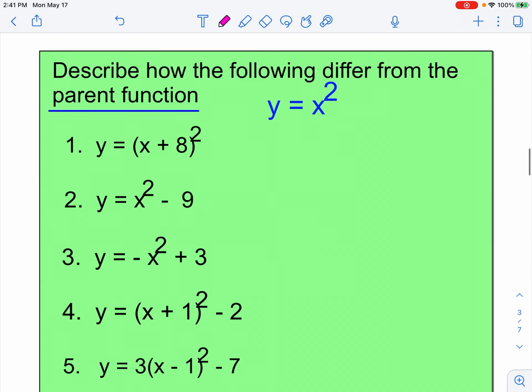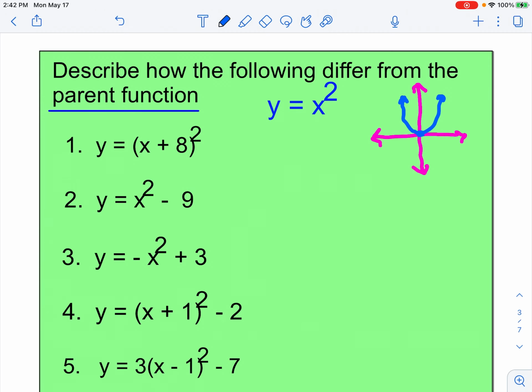So when we describe how these quadratic functions differ from the parent function y equals x squared, the parent always sits at 0, 0. It opens up, and it's what we would say a normal width.